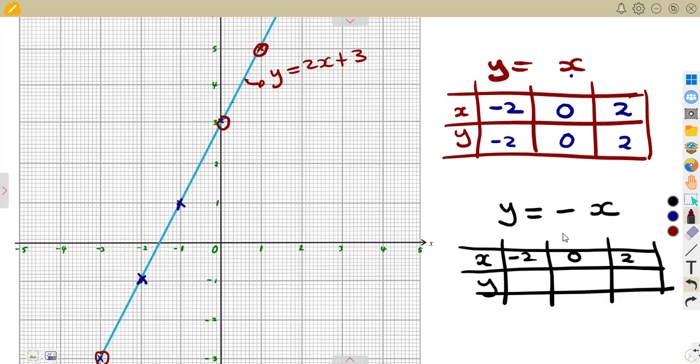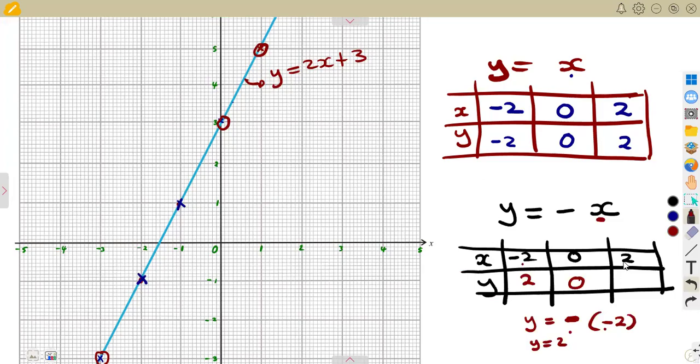Every x value I insert: y is equal to minus, which is already in the formula, but x is minus 2. There is a minus 2 that we have inserted into the formula, so the minus and the minus will be a positive. There is nothing like minus 0. 0 is neutral. Plus or minus 0 is just 0.